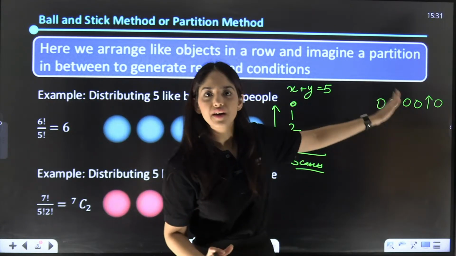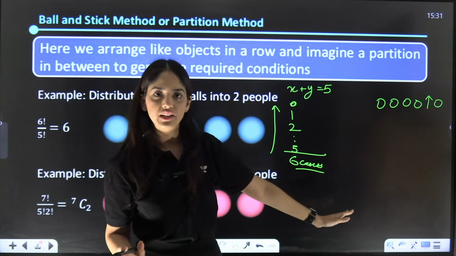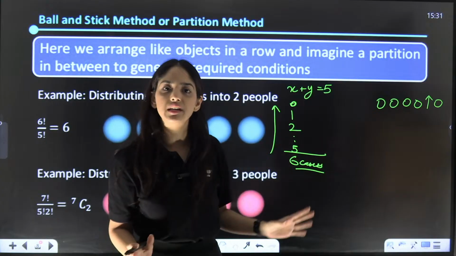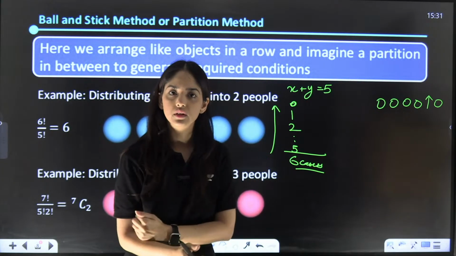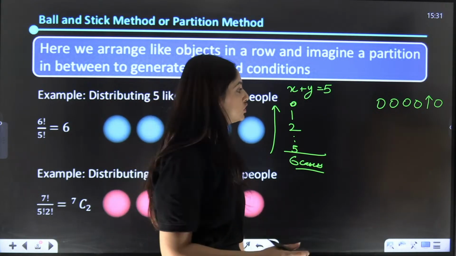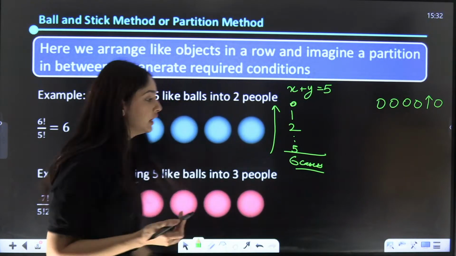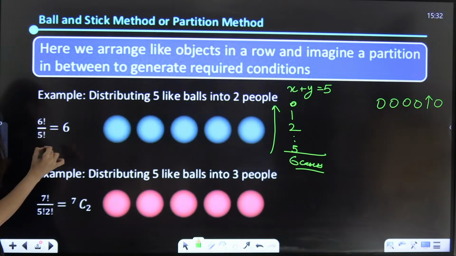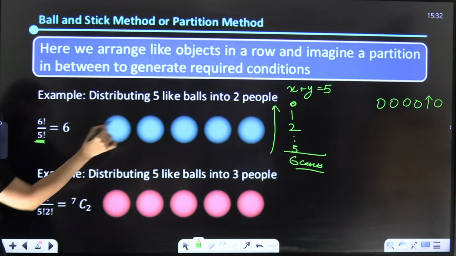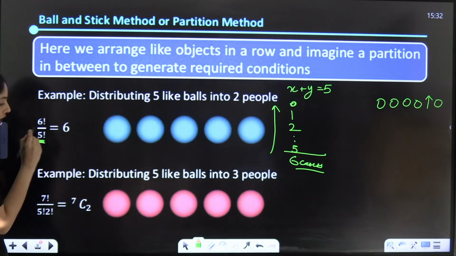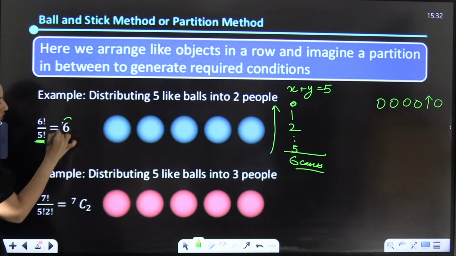Like this, we'll have all different unique arrangements, and that will give us a unique distribution between the 2 students. How many ways of arranging these 6 objects are there? 6 factorial divided by 5 factorial, because 5 of these 6 objects are identical. So we get 6.